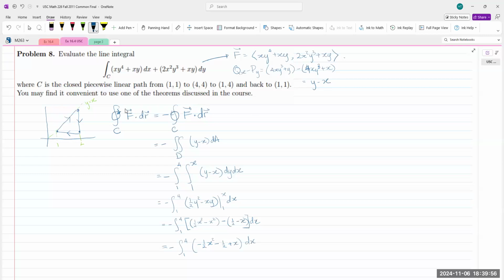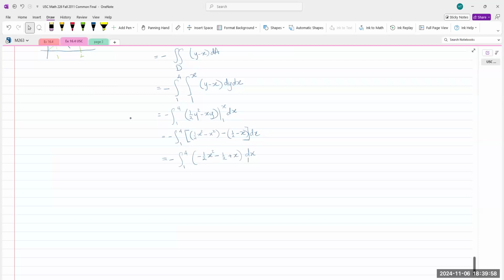I think you can do it yourself from here on. Let me finish it up then. So that's negative 1/6 x cubed minus 1/2 x plus 1/2 x squared from 1 to 4. That's for 1 minus for 4.